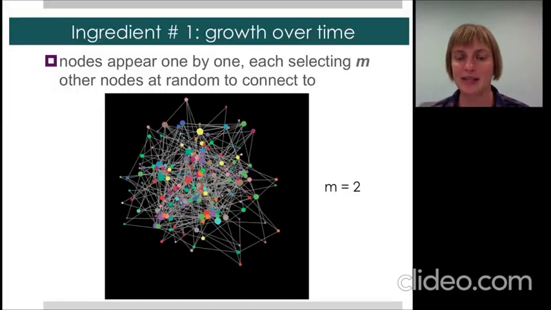Let's look at networks that are grown just with ingredient 1. So new nodes will join over time, but there isn't a preference that they have for joining to certain nodes and not others. The only restriction is that they have to link to someone who's already there. So for example, each node might come in with 2 edges.